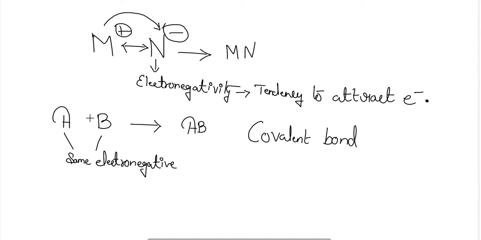If they are not able to lose or gain electrons, it will not be possible to form positive ions or negative ions, and then it will be very difficult to form compounds, but we are seeing that they are forming compounds.